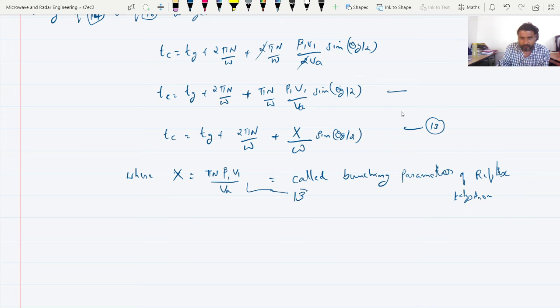So x is nothing but the bunching parameter of the Reflex Klystron. Your equation 12 can be written as follows.